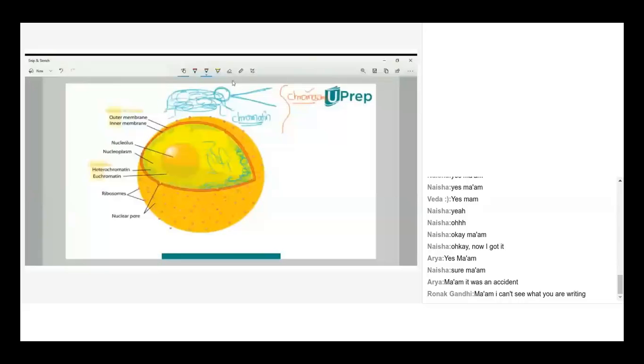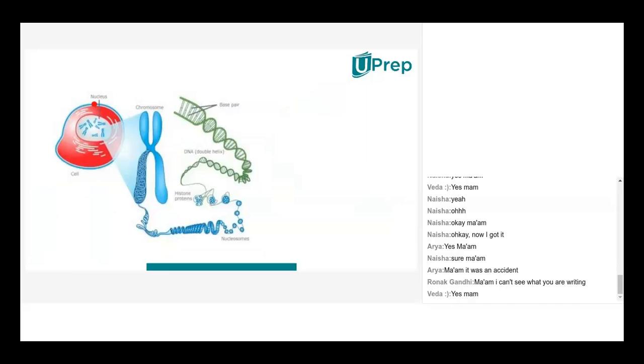And we take a part of the chromosome and enlarge it like this. What will we see? Inside the chromosome, we'll have a structure called the nucleosome. Note on the slide. Then in the cell, you are having the nucleus, and within the nucleus, you will be having chromatin material. The chromatin material is a thread-like structure.